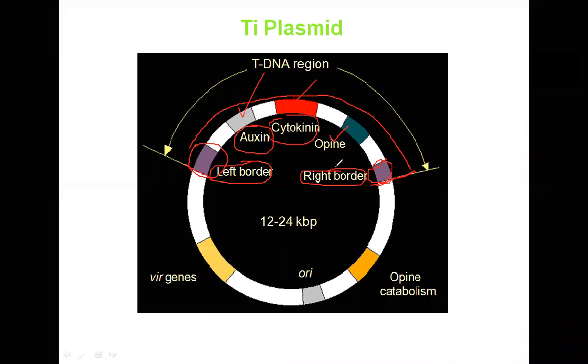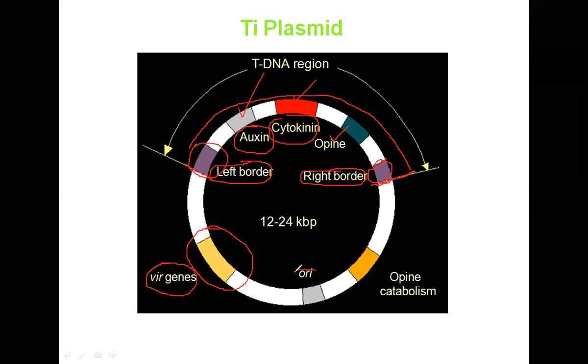In addition to these, the TI plasmid has a group of genes which are responsible for virulence. Collectively they are called vir genes. Their gene products are responsible for the successful infection, right?